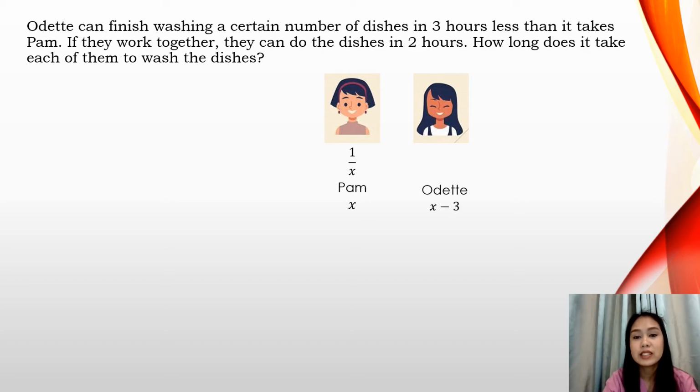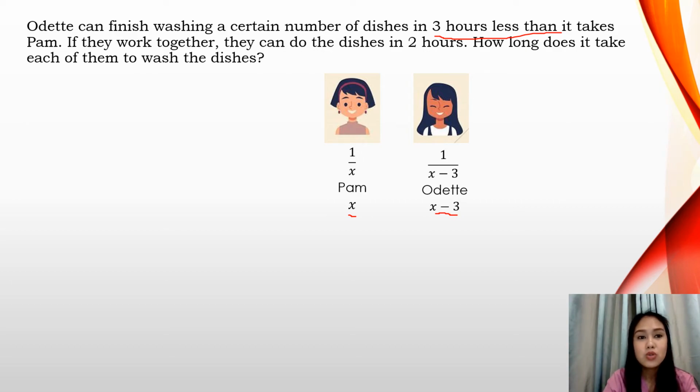Well, Odette finished the dishes 3 hours less than it takes Pam. So if Pam finished the dishes in x number of minutes, then Odette can finish it 3 hours faster. So that will be represented as x minus 3. But since there is work done, that could be represented as 1 over x minus 3.